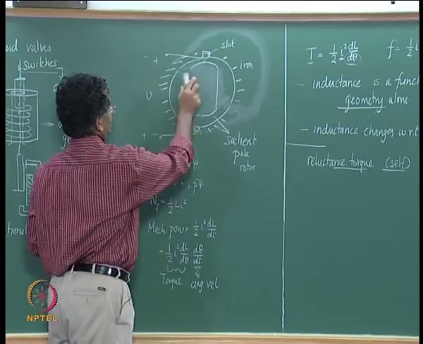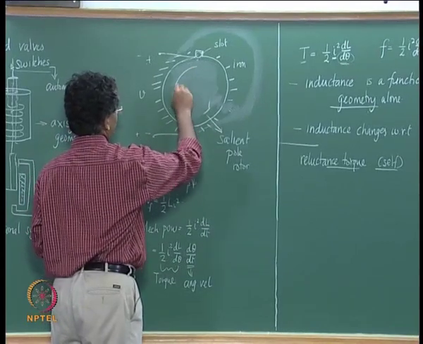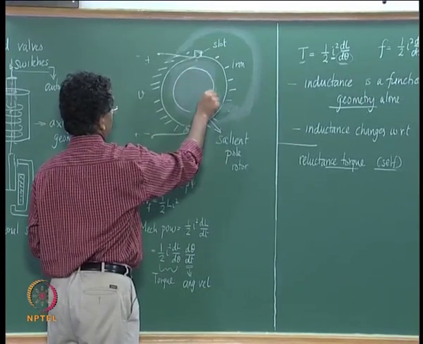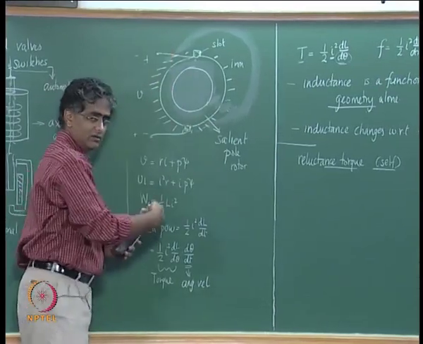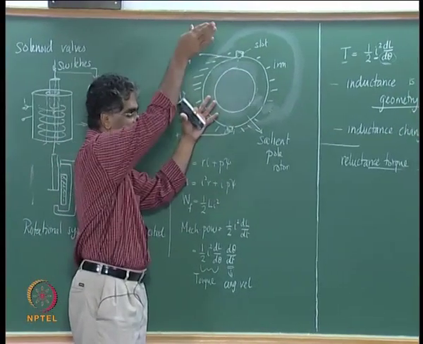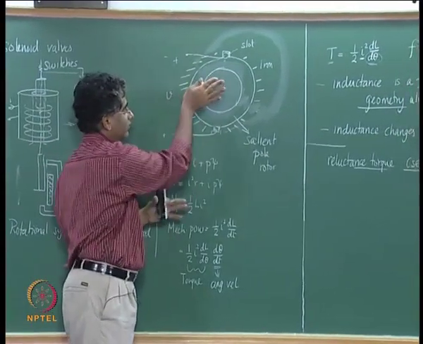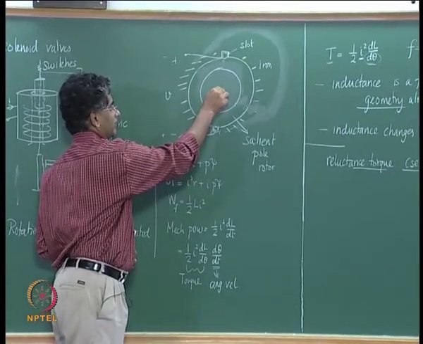On the other hand, if you have systems which are cylindrical, where the rotor is also a cylinder, please note that what we are drawing is a section of the machine. The machine is a cylinder and we are taking a section and we are viewing that section end on. So, this is the axis of the machine.